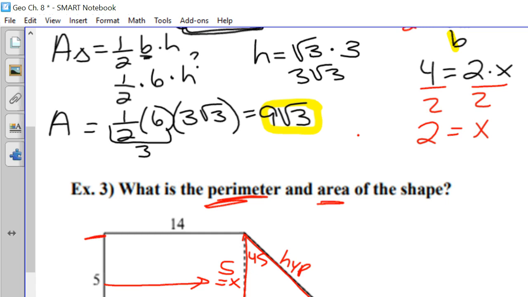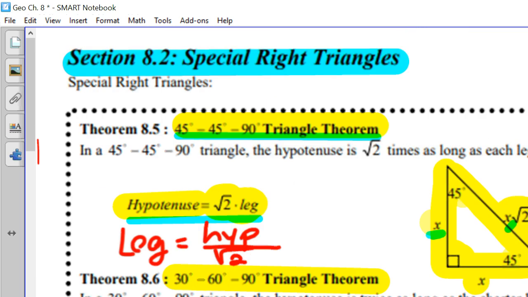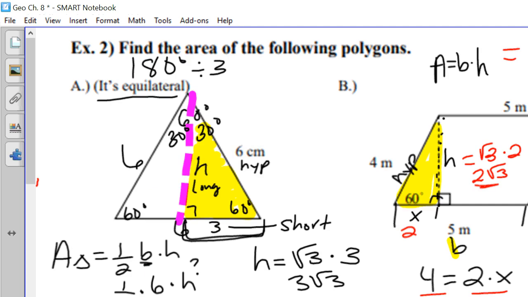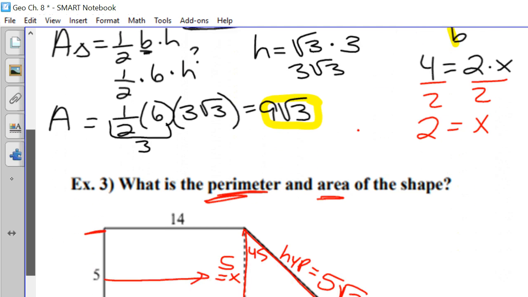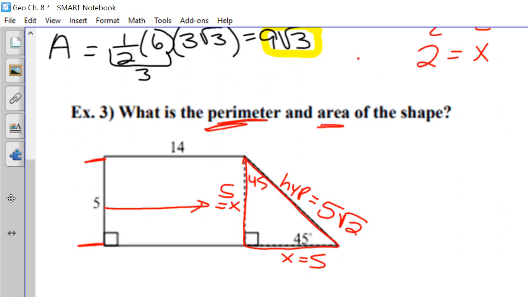So this side is equal to 5, and the hypotenuse is 5 root 2. In a 45, 45, 90, the hypotenuse is root 2 times the length. Yay. We know that this is 14.